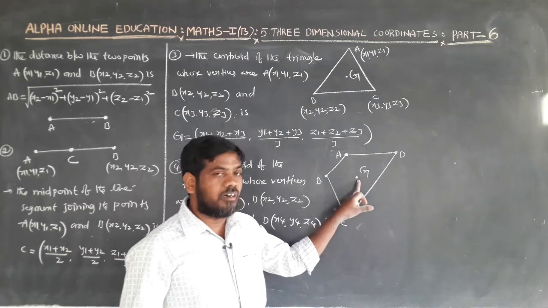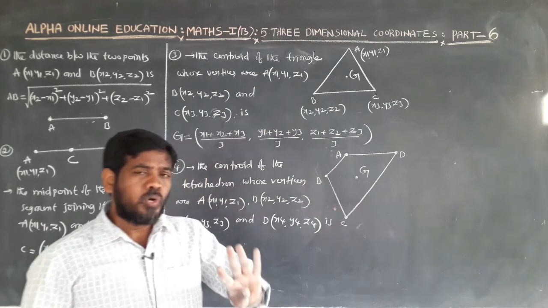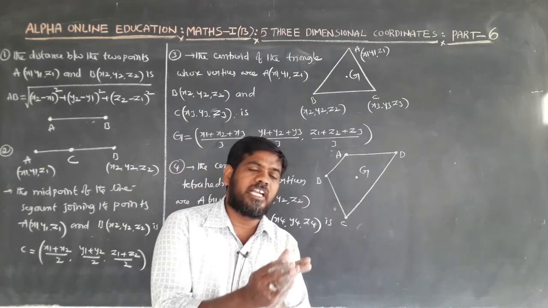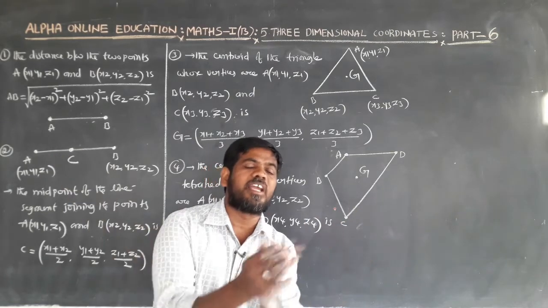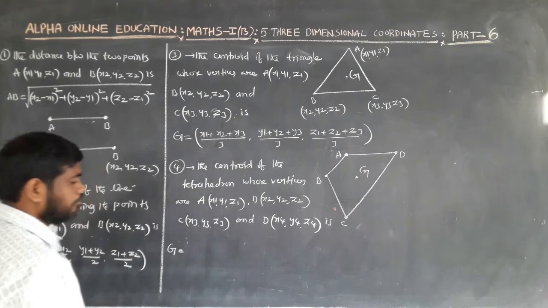Here G is the midpoint of the 4 points. So in the 4 points, adding x coordinates by 4, adding y coordinates by 4, adding z coordinates by 4.